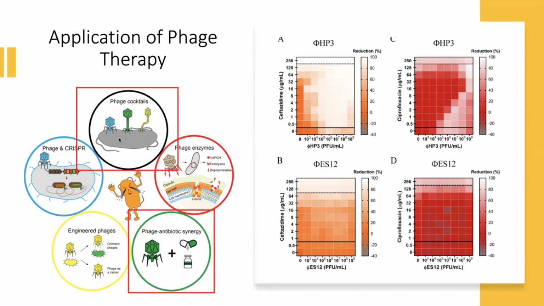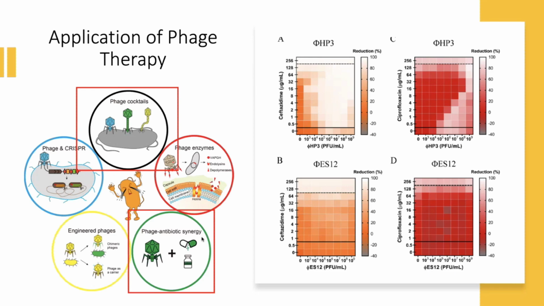And the reason for this is because with phage cocktails, you can target the concept of heteroresistance and the different mutational strains that can appear during an infection. And then we're currently discussing phage antibiotic synergy and how powerful that can be, as I demonstrated on the optical density heat maps on my previous slide.